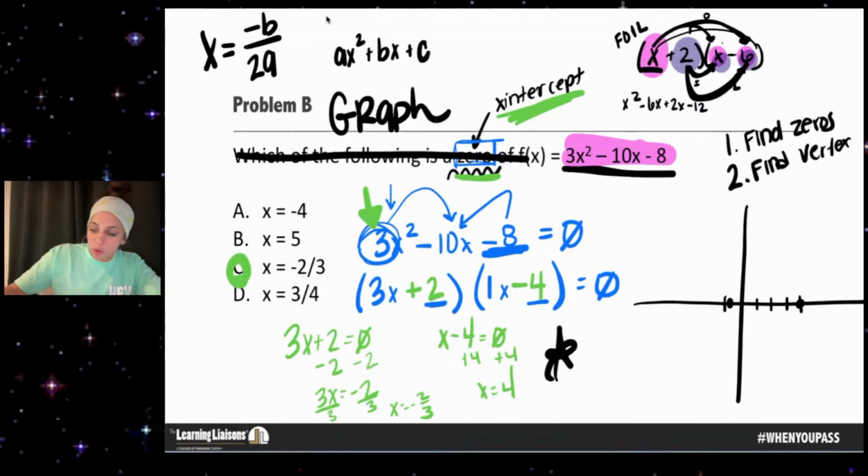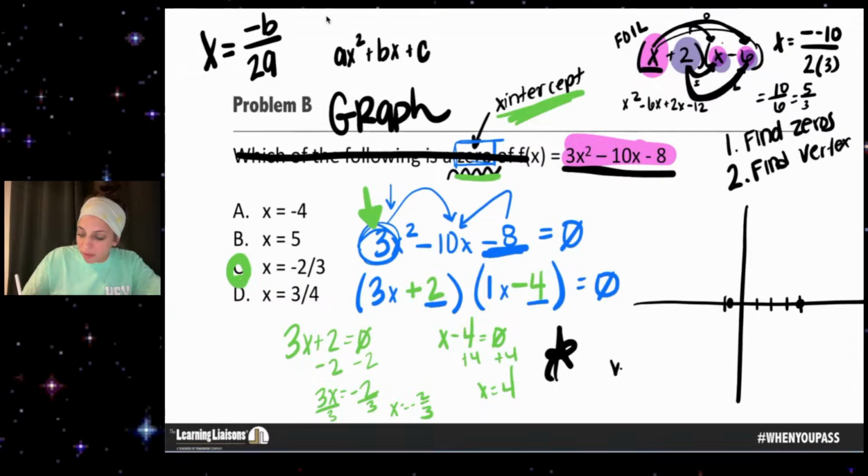So I can do x equals negative, b in this case is negative 10, over 2a, which is 6. So negative times a negative is a positive 10 over 6, which is 5 over 3. So the x part of my vertex is 5 over 3.